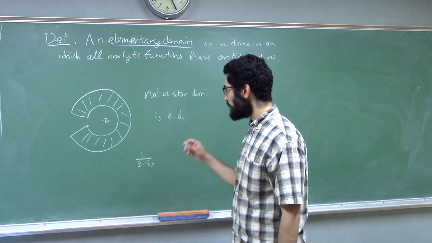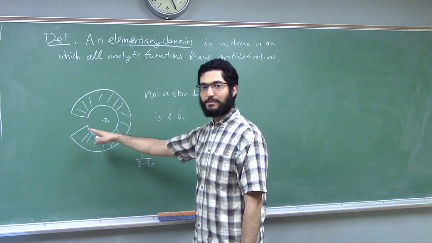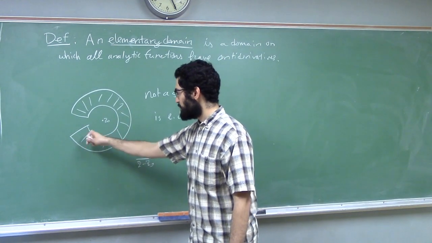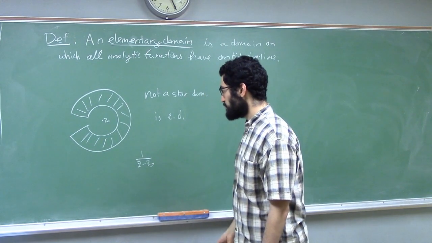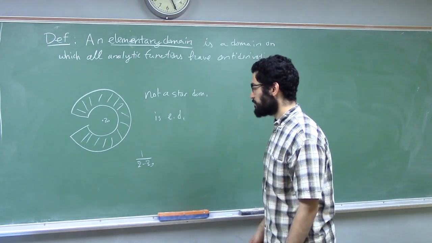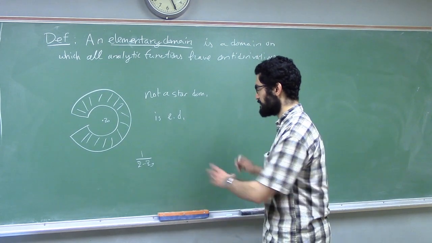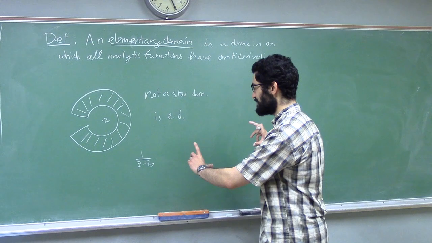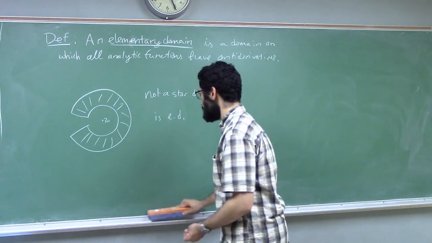Well, at least I definitely couldn't use that circular path that I used before, because if I used a circular path, it would have to exit the annulus. So my previous method for proving that the annulus was not an elementary domain wouldn't work here. But that doesn't prove that it is an elementary domain.